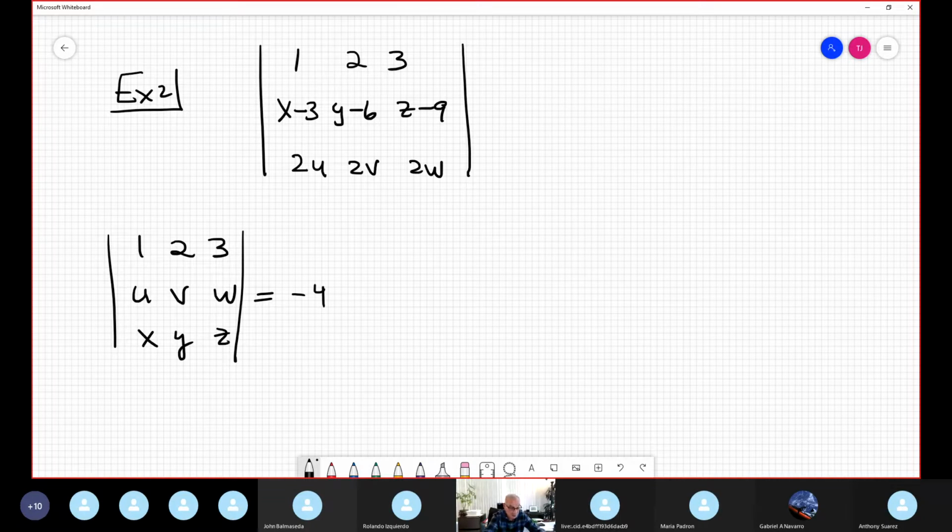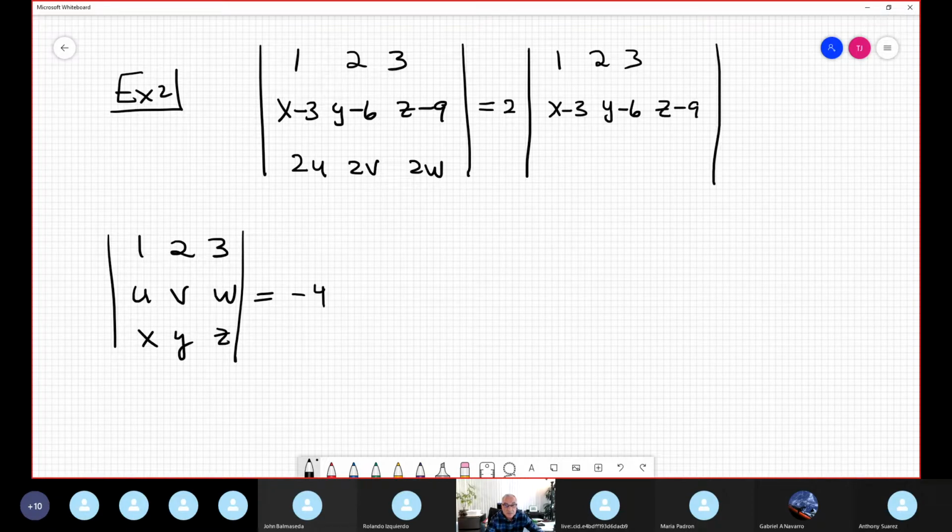At least the first row is identical. I can see that 2 is a common factor here, so I factor it out.